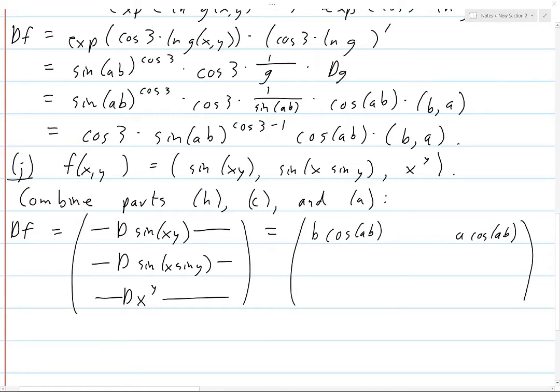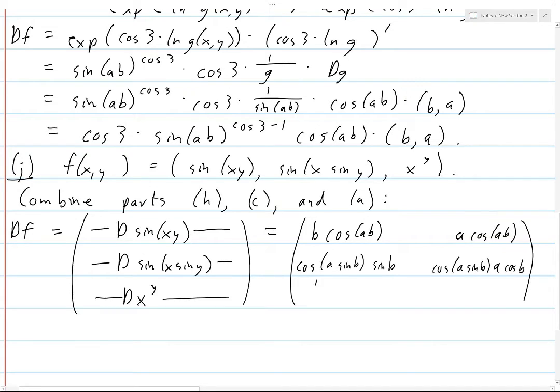Okay, for the sine of x sine y, we'll have cosine of a sine b times sine b, and then the other column is going to be cosine of a sine b times a times cosine b.